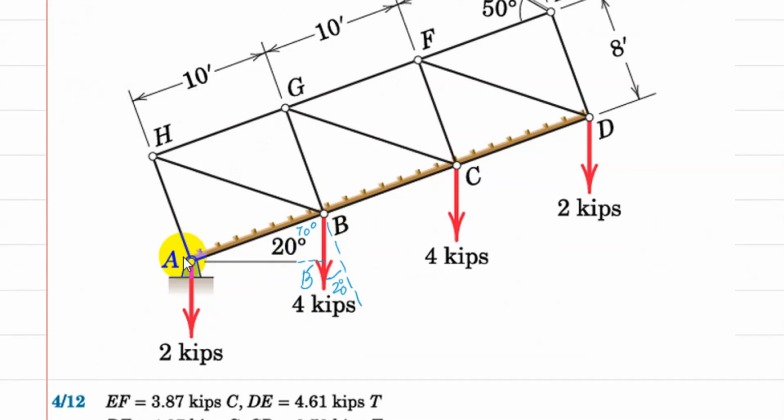Then angle ABB dash is 70, and I have drawn a reference line parallel to BG. Then the angle of the load with the new y-axis, or y dash axis, is 20 degrees.